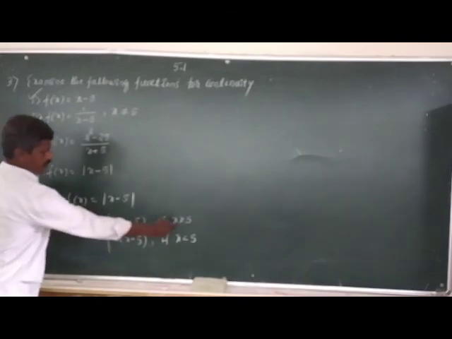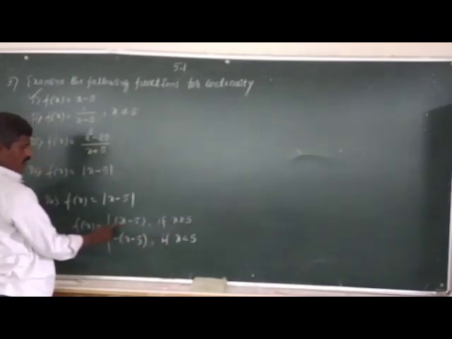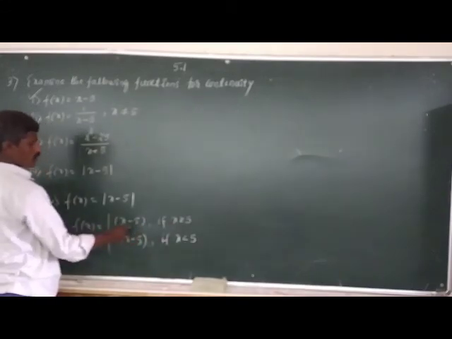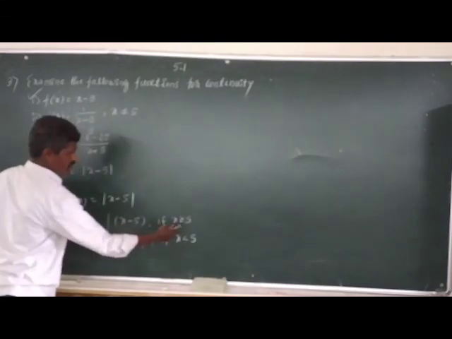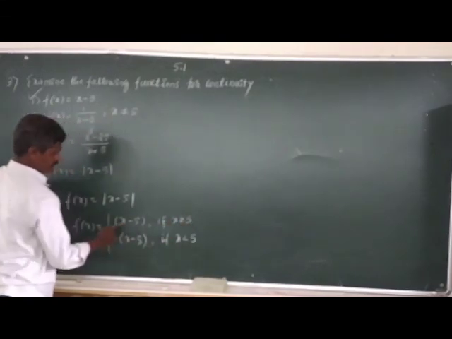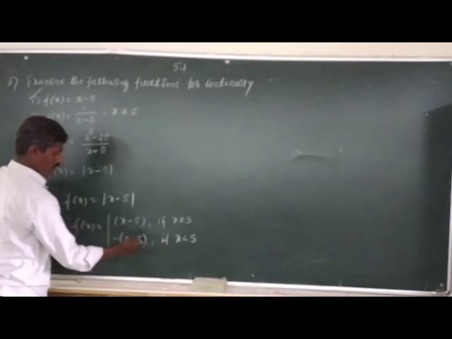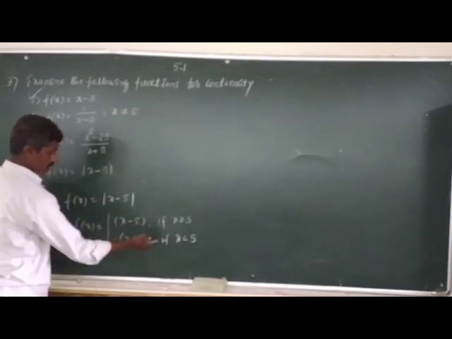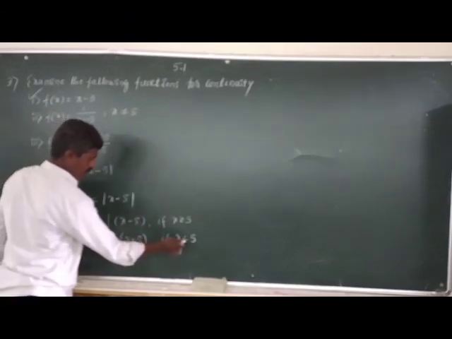So here, what happens if x equals 5? 5 minus 5, 0. What happens if x is greater than 5, that means 6? 6 minus 5, that is 1. 7, 7 minus 5, 2. Like this. What happens if x is less than 5?